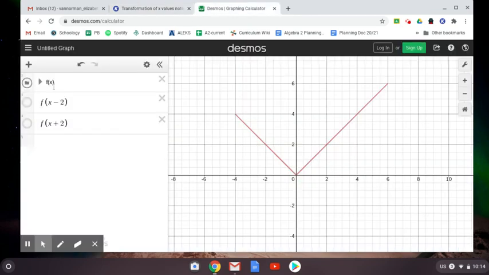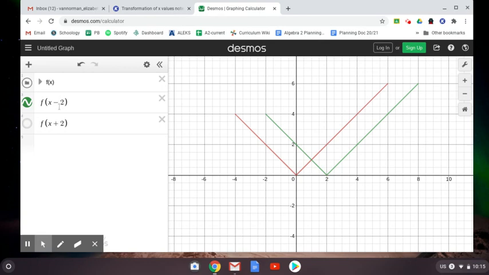Let's take a look at a graph in Desmos. You notice that I have this function, its name is f of x, and it is graphed like this. We're going to see what happens when I subtract 2 on the inside of my function, applied to my x values. Once this is graphed, you'll notice that it has been shifted to the right 2. The 2 makes sense because that's the number we put in our function, but the right part doesn't really make sense.